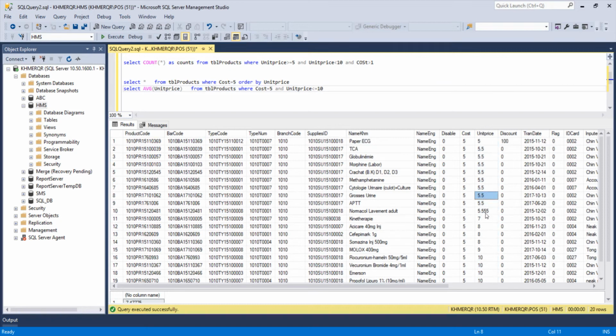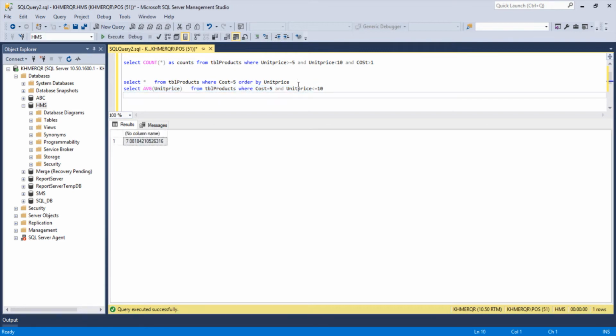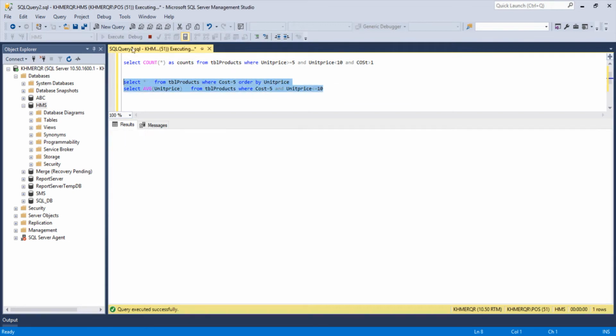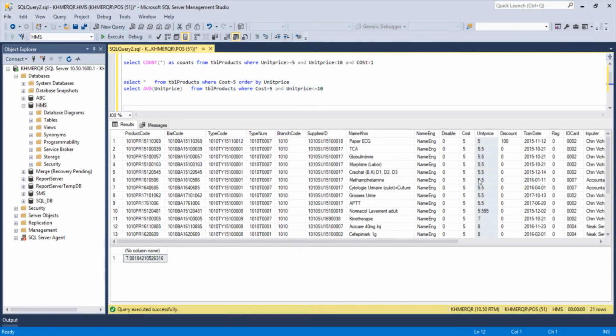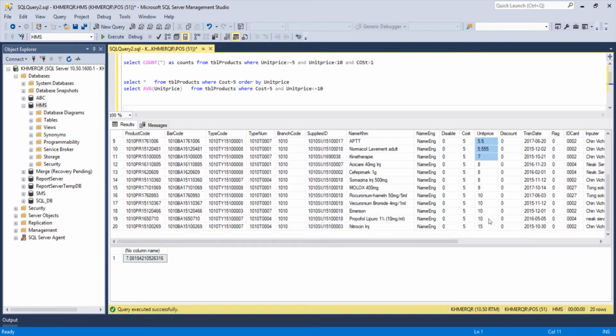So the average is around 5.5, 7 point 7.08. The average depends on the condition; we sum the values and then find the average, the middle.